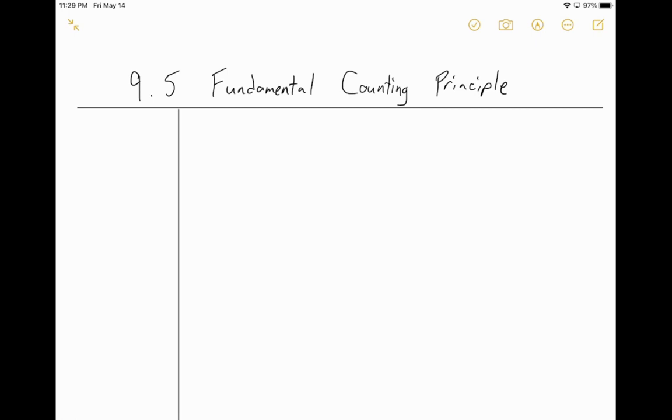The fundamental counting principle basically determines or tells you the amount of possible outcomes.